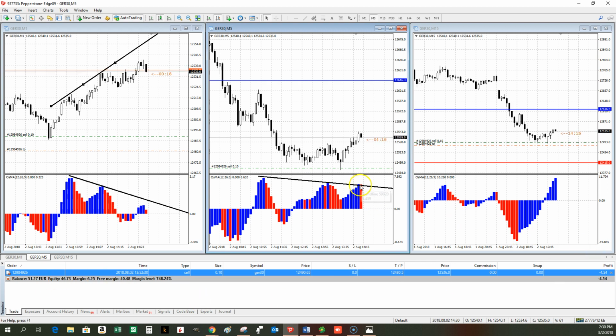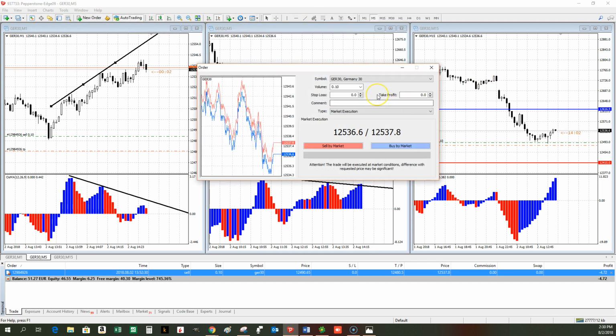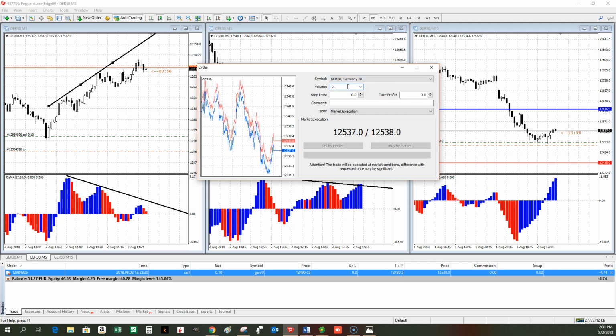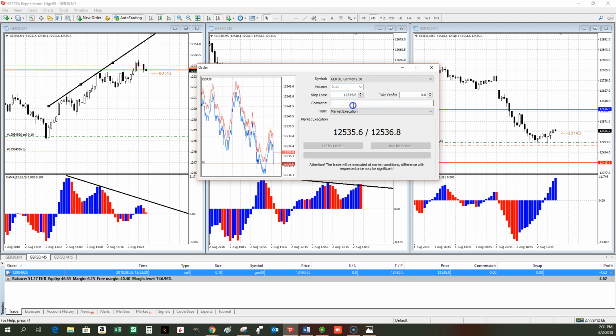Now we have a red bar on this asset, and it will be good to take a new trade. I want to take a new trade on this one, so I'm going to take it. I'm going to take 0.12 lots, if I can. Actually, I can't.